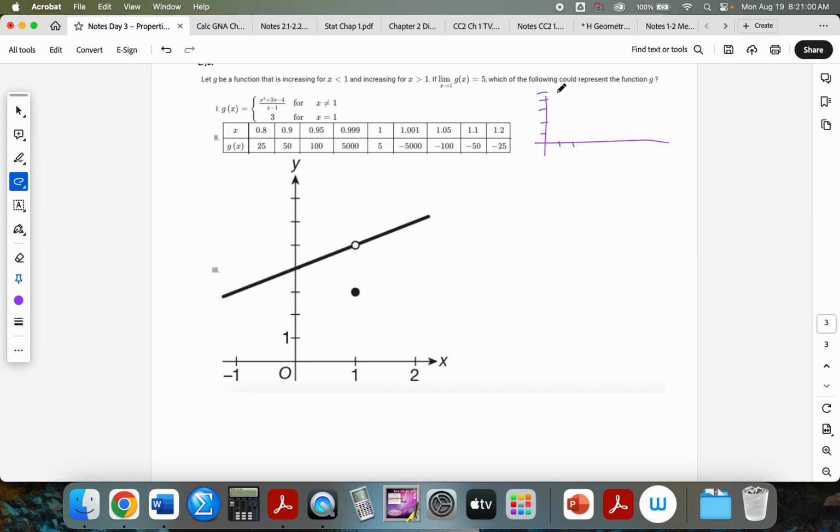Now, do I know what happens at 1? No, I do not. Do I know what kind of a function this is? No, it could be piecewise linear, it could be a quadratic, there's lots of things that it could be, but it's got to be increasing for x less than 1. That means it's got to be going up, and then after that it's got to be going down. That's the simplest.